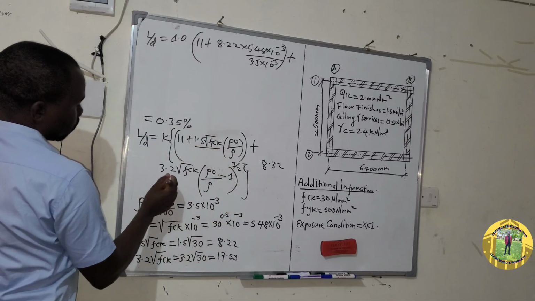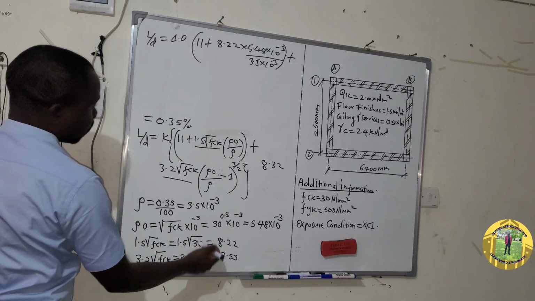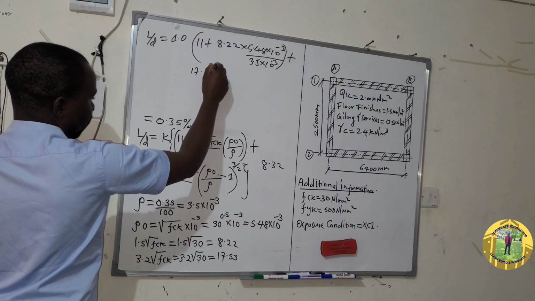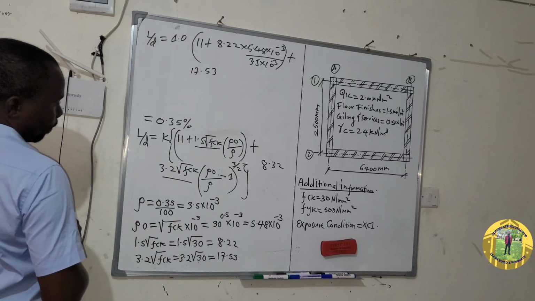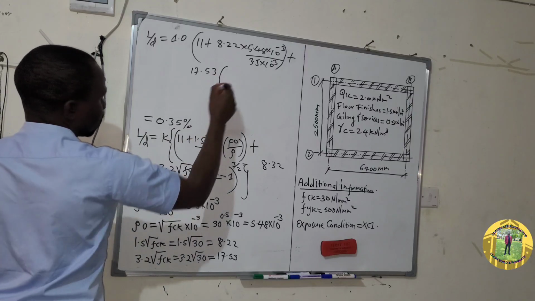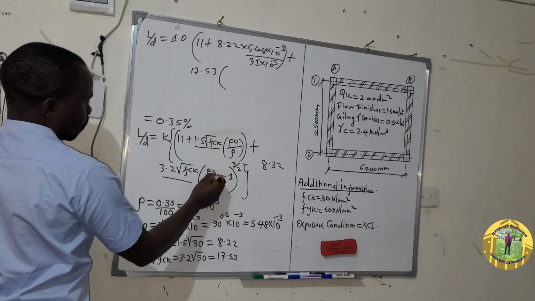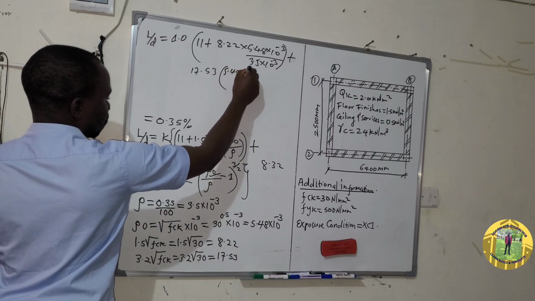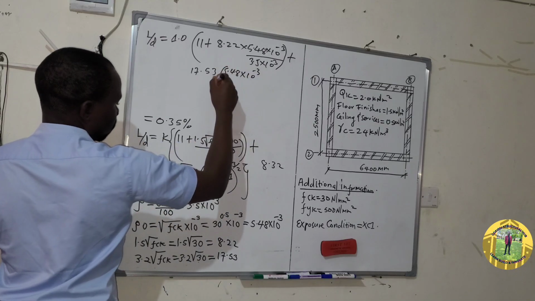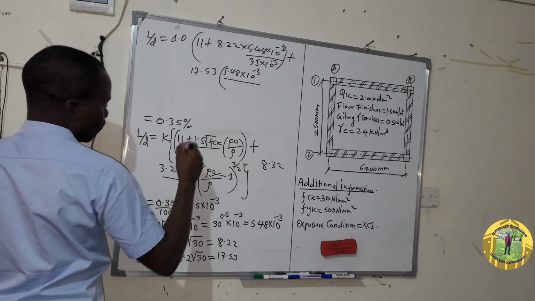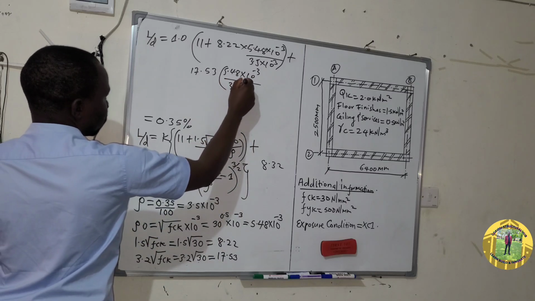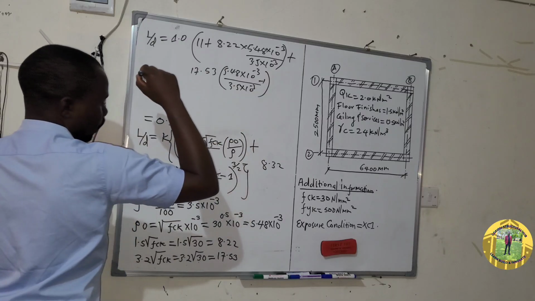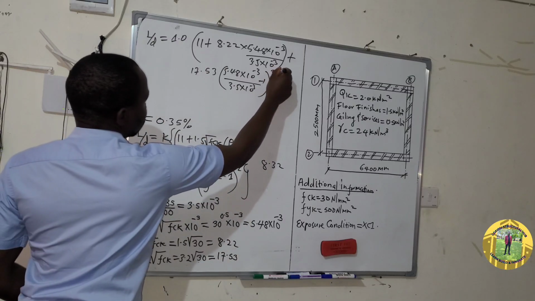you come to this one, 17.53 into bracket 5.48 times 10 raised to power negative 3 all over 3.5 times 10 raised to power negative 3 minus 1, and then raised to power 3 over 2.